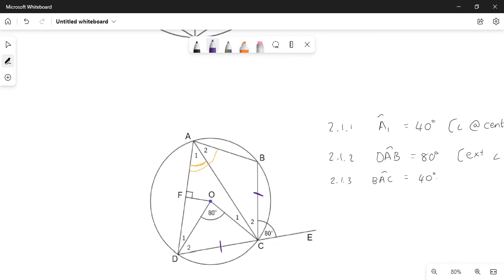It's not one of these that we normally use. It's a bit of a lesser known theorem. But you guys did do it in grade 11.